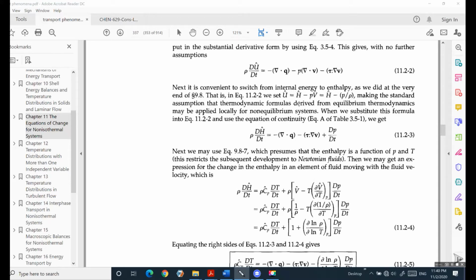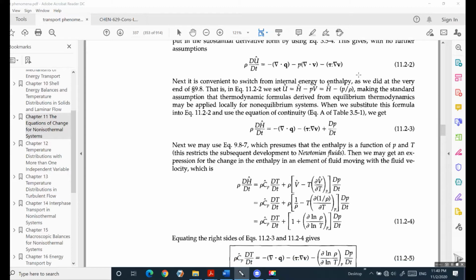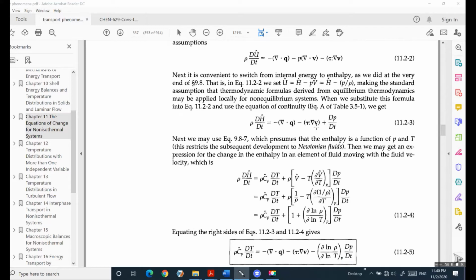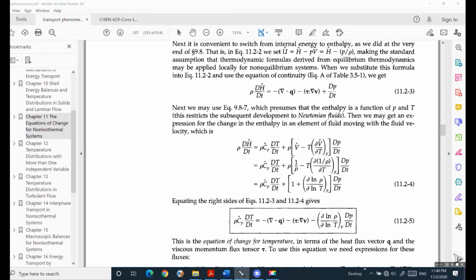At the same time, again, we can define U as enthalpy minus PV, and we can write this enthalpy P over rho in terms of this term by enthalpy, and this is going to be the same as this equation, and this substantial derivative of the enthalpy with respect to T, and we obtain in here another term, dP over dt.